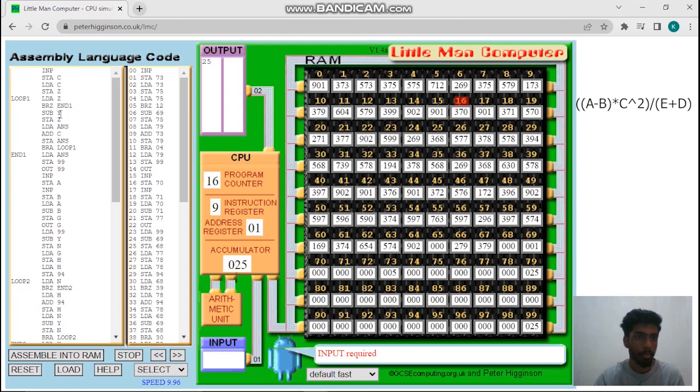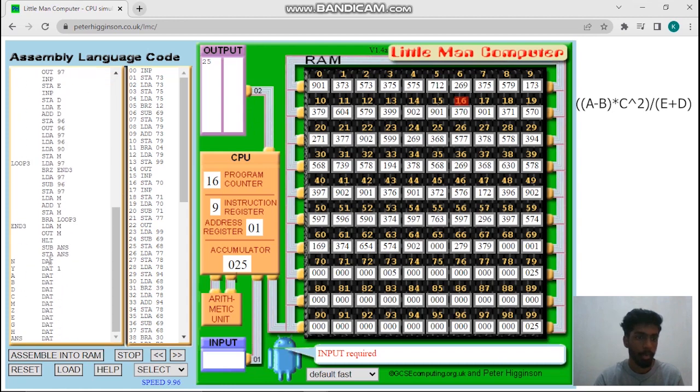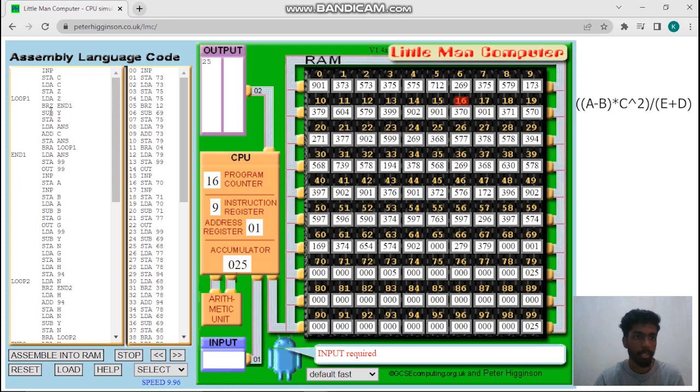Now I subtract Y, which is 1, and I have already declared here as 1. Once I subtract Y from the value of Z, I store it back inside Z. So now my Z has become 4. Then I load a new memory, which is ANS, and I add C to ANS and store back inside ANS. So now my ANS equals 5, since my value of C is 5.